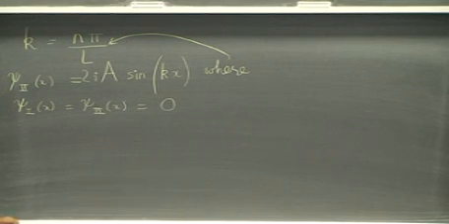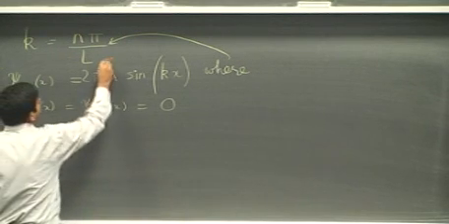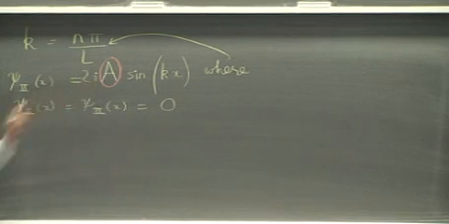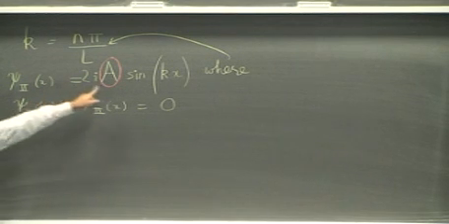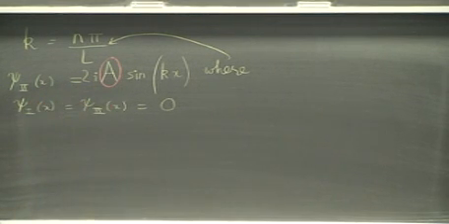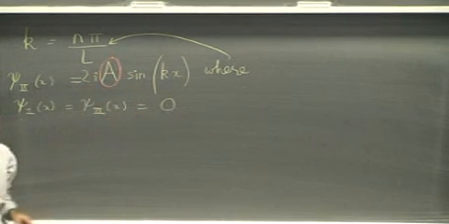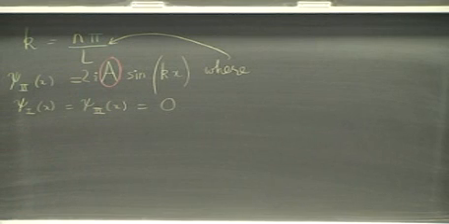However, there remains the task of finding this arbitrary constant A. Now how do we find the arbitrary constant? Look at the properties that the wave function must satisfy. Is there any property that we can use?